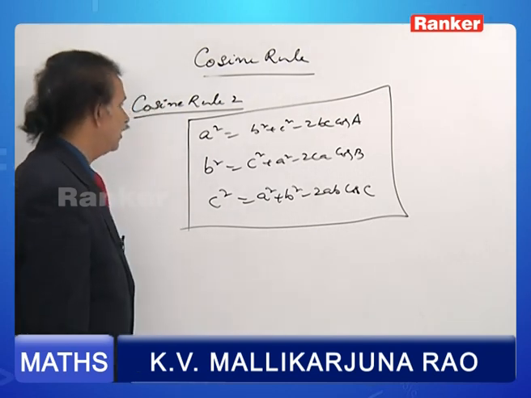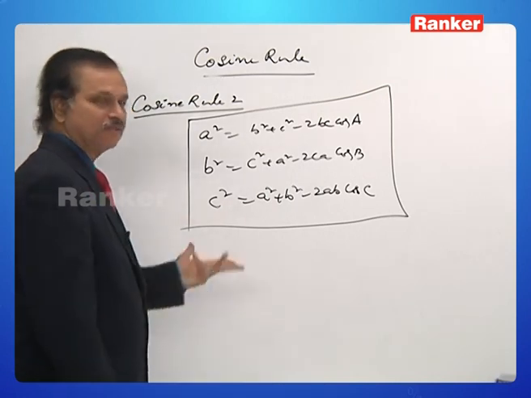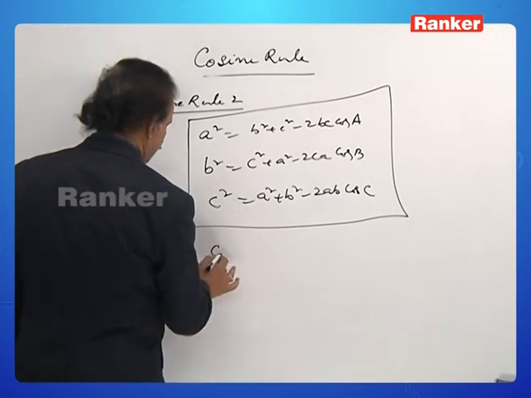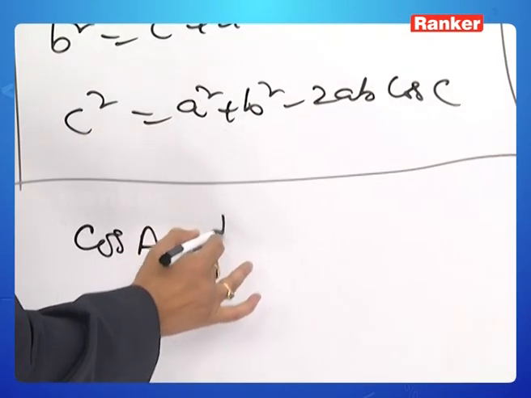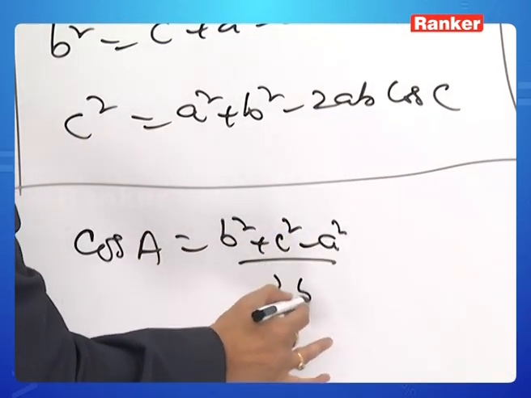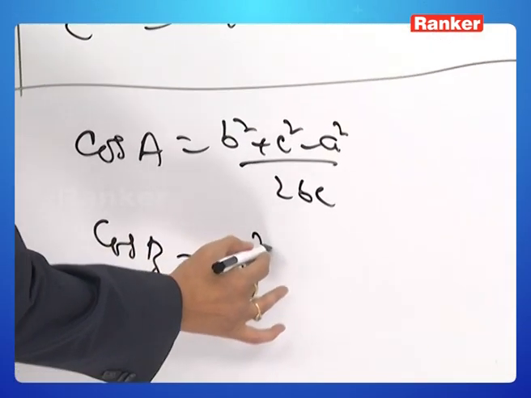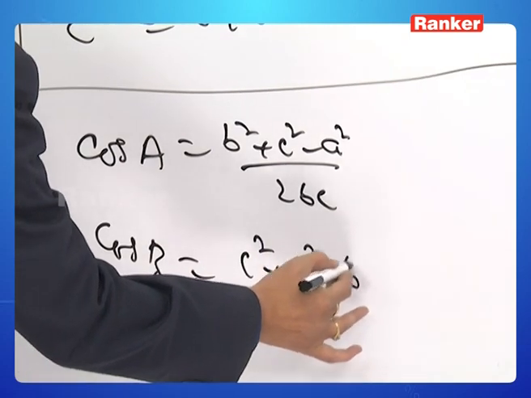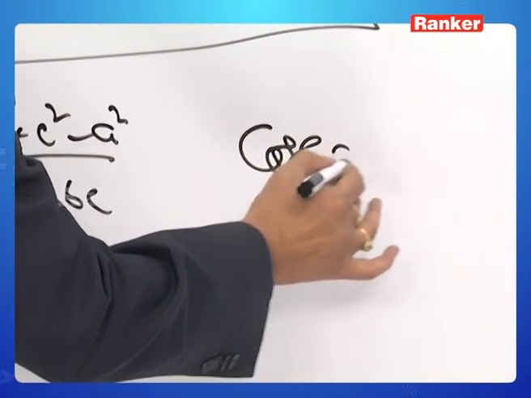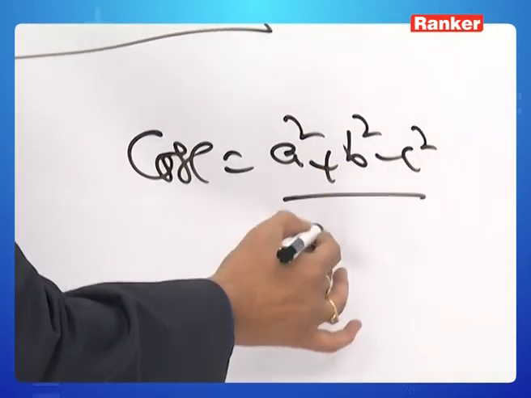There is a lot of set of applications for this one. This is very useful. From this you can have cos A is equal to b square plus c square minus a square by 2bc, cos B is equal to c square plus a square minus b square by 2ca, and cos C is equal to a square plus b square minus c square by 2ab.